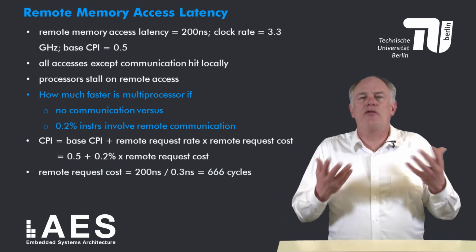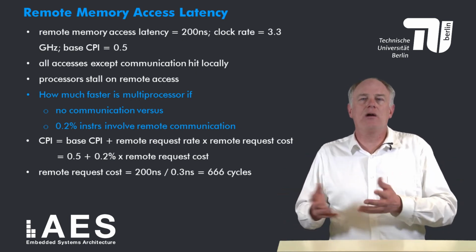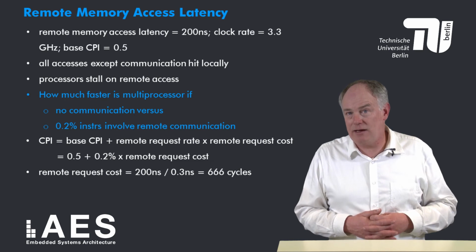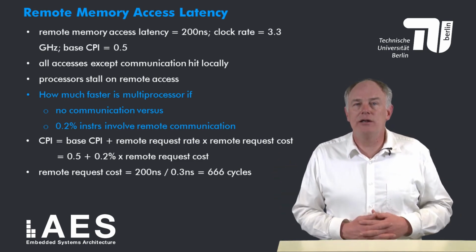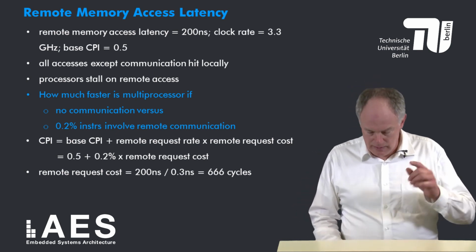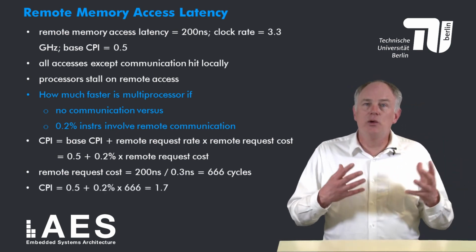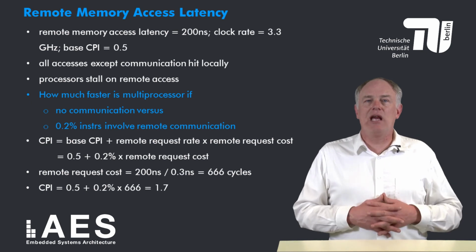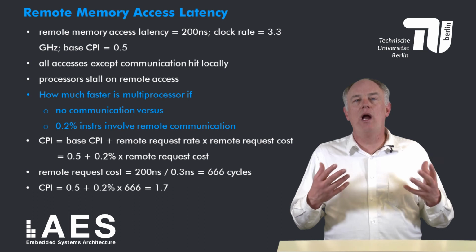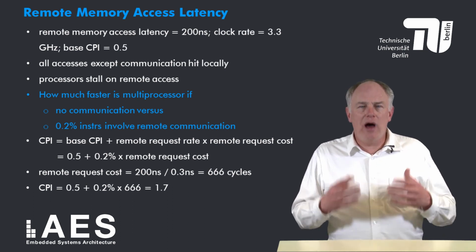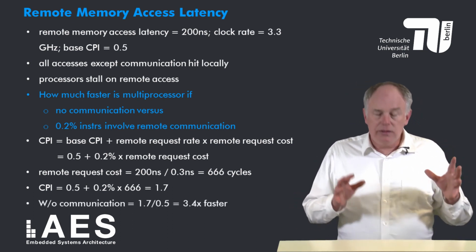Since the clock rate is 3.3 gigahertz, the cycle time is 0.3 nanoseconds, and the remote request cost equals 666 clock cycles. We can now substitute this cost in our equation and obtain that the actual CPI equals 1.7.